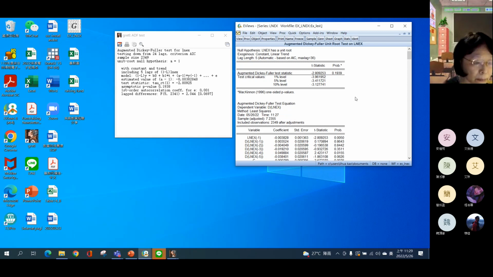First, a common practice to make a trending time variable stationary is to remove the trend from it. We just saw that our LNEX variable has a trend, right? So we may try to remove the trend from it. Then how do we remove the trend?